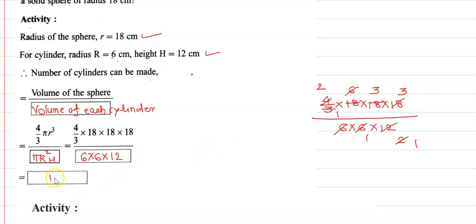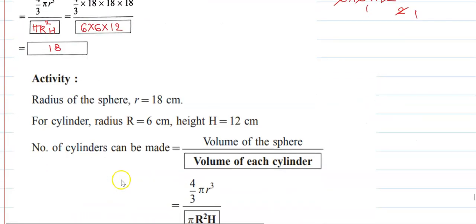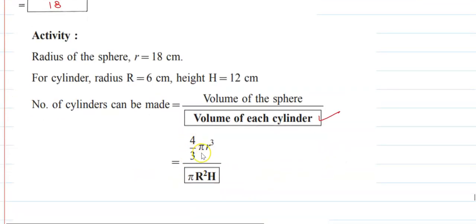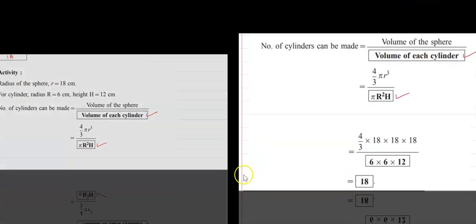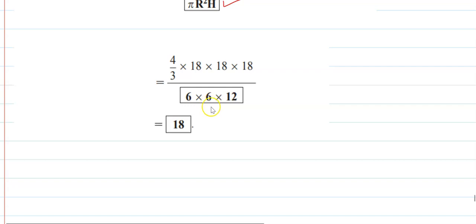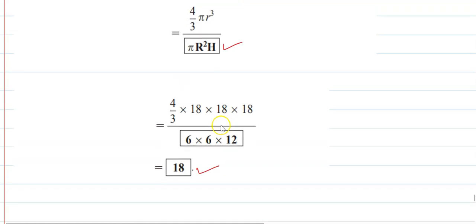Therefore the number of cylinders that can be made is 18. Okay, now see this again here. Volume of each cylinder, 4 by 3 pi r cube, pi R square into H, and the next simplification 6 into 6 into 12, and after simplification you will get the number of cylinders equal to 18.